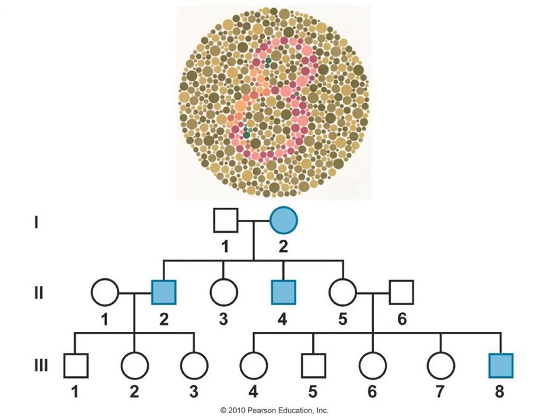Okay? And as you can see down in the third generation, one of her daughters, number 5 there, had a son that is colorblind. That's because that daughter, number 5 there, is heterozygous. She has to be. Her mother, number 2 in the first generation, gave her the recessive allele.